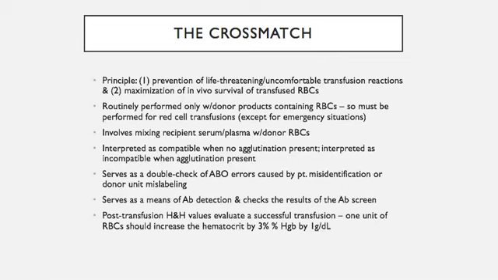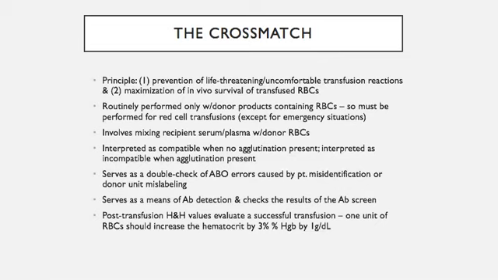Okay, so the cross-match involves mixing the recipient's serum or plasma with the donor's red cells, and it's interpreted as compatible if there is no agglutination present. It's interpreted as incompatible when agglutination is present. So why would that agglutination be happening? It's happening if the antigen has found the antibody that it corresponds with.